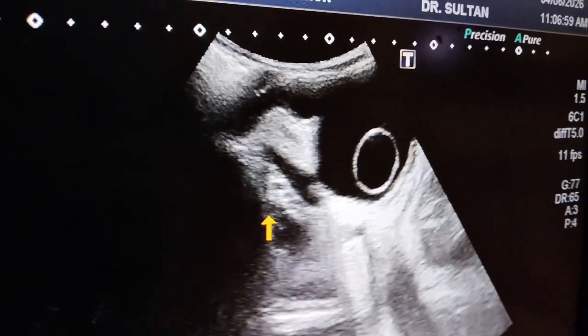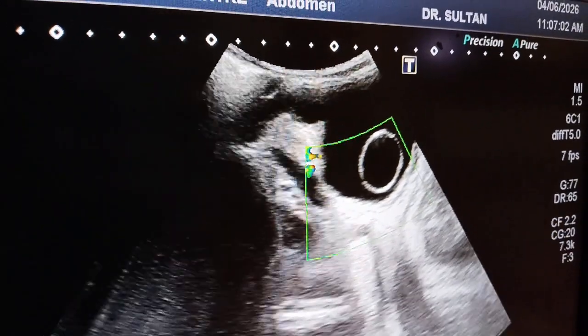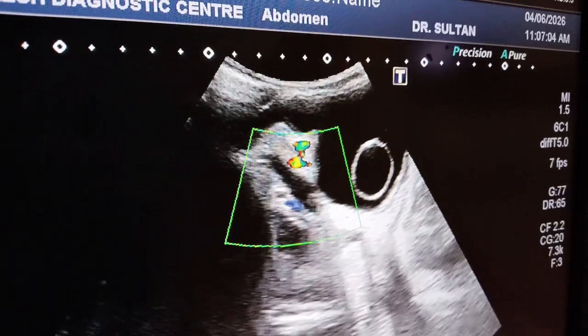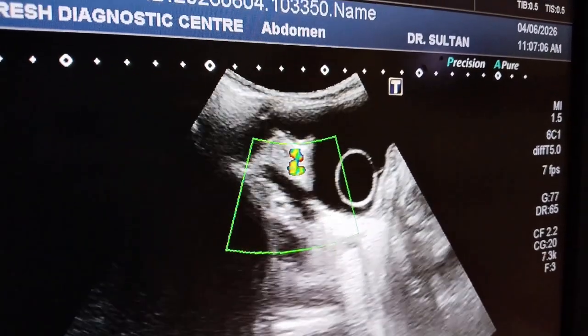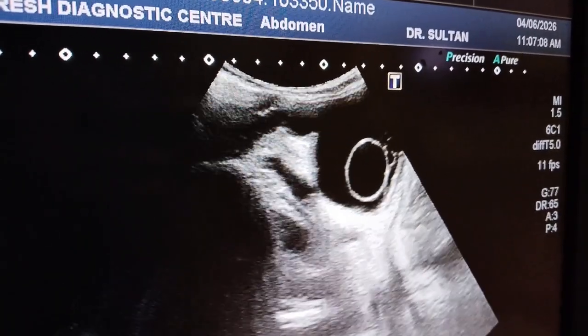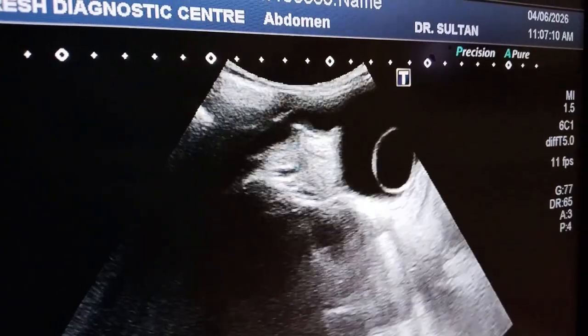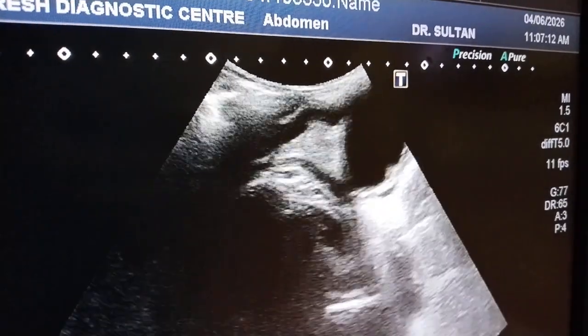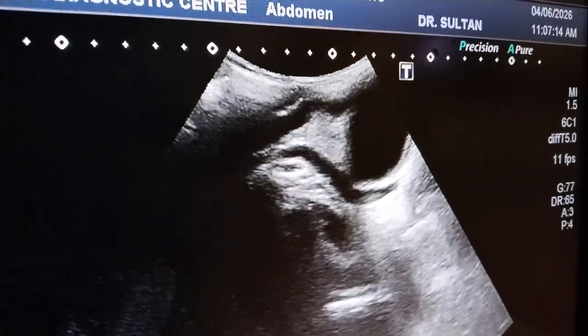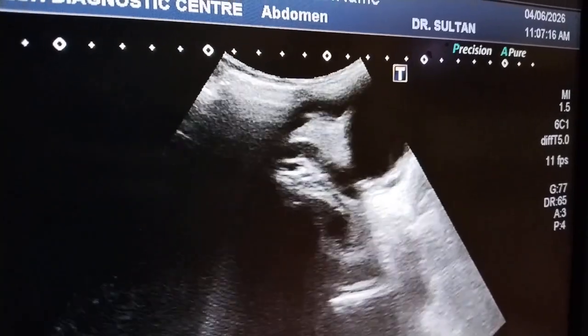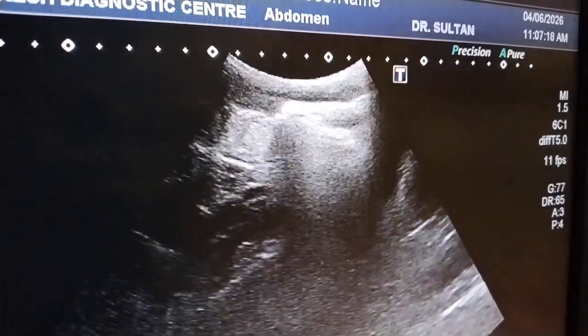If we feel difficulty, we can put the color to see the vascularity. So it is not a vessel. So this is the ureter which is dilated due to the ureterocele.